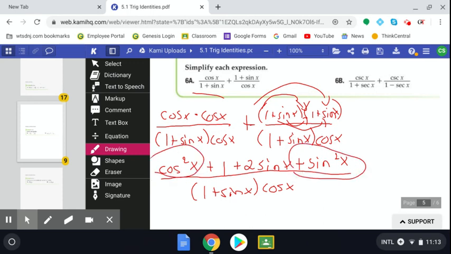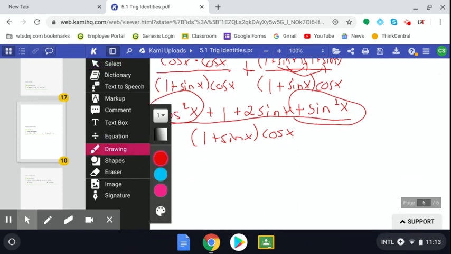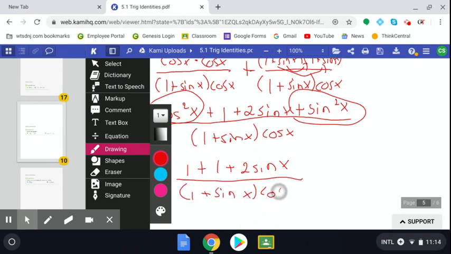So I can go ahead and rewrite it as 1 plus 1 plus 2 sine x over 1 plus sine x times cosine x.